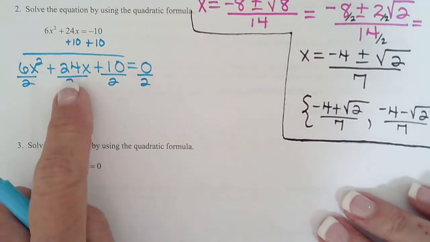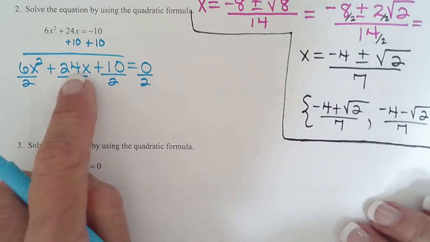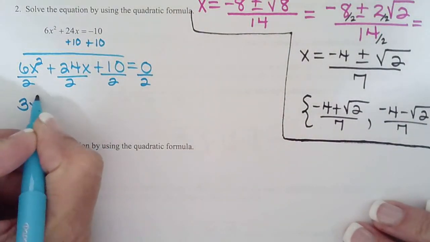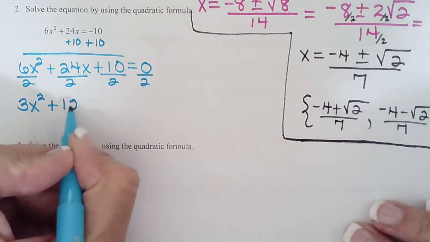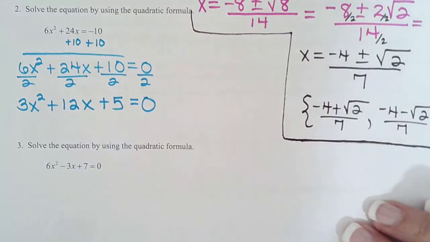But right away when I saw that 24, I'm like, oh, that's going to be big. And then I looked and went, oh, wait a minute, there's something common there. So my new equivalent equation is going to be 3x squared plus 12x plus 5 equals 0. And we are ready to go.